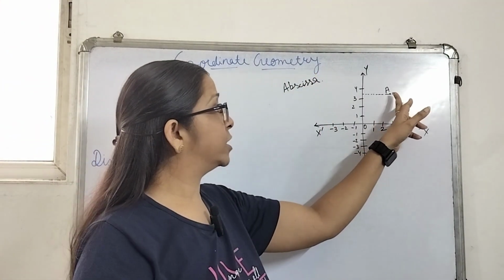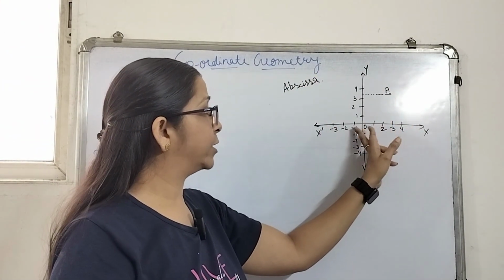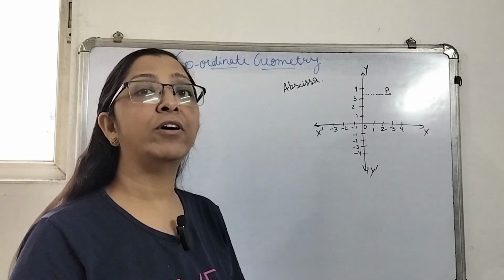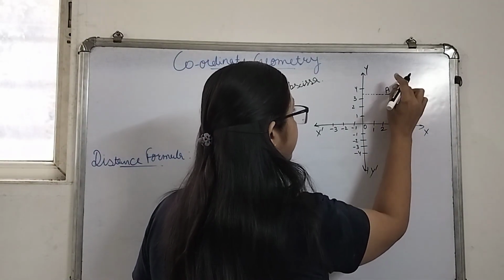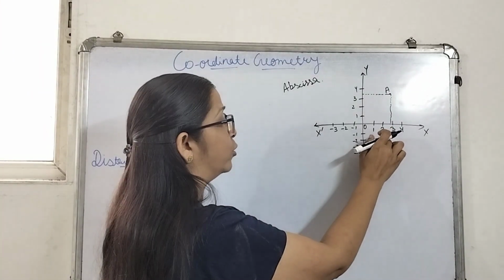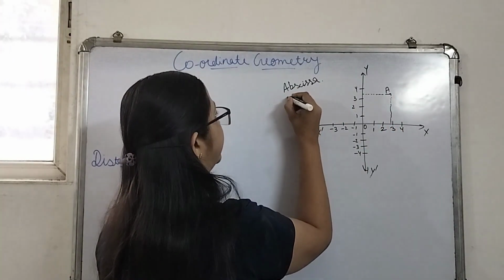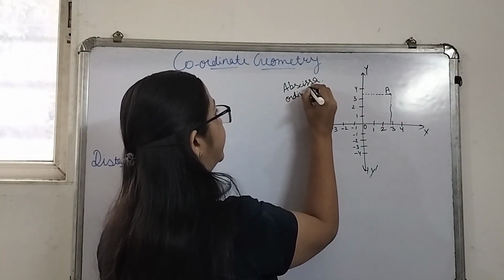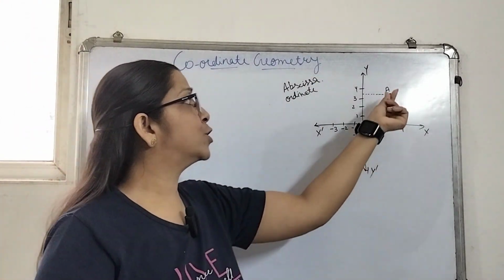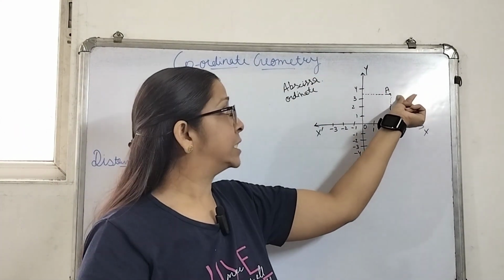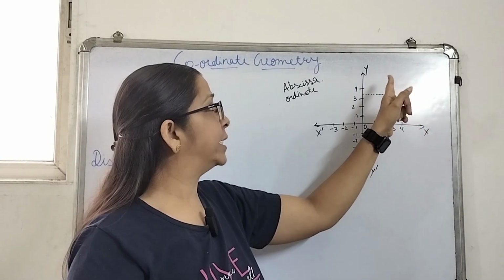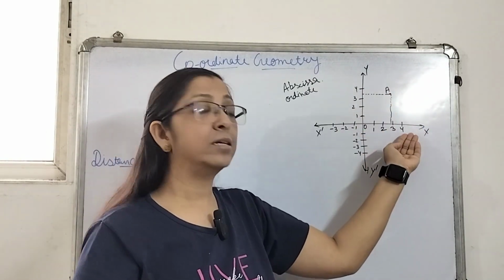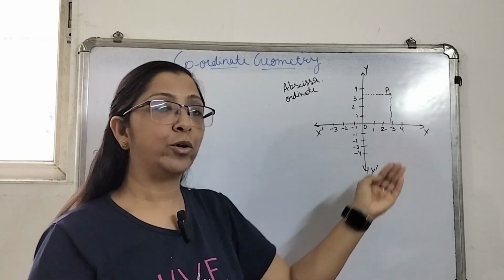Similarly, the distance of this point from the x-axis is its y coordinate, and this y coordinate is also known as ordinate. So whatever point we are taking, its distance from the y-axis is known as its x coordinate, and its distance from the x-axis is known as its y coordinate.